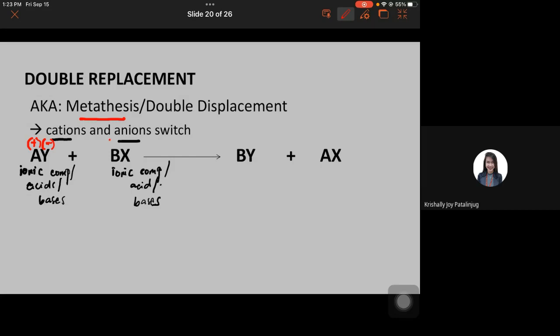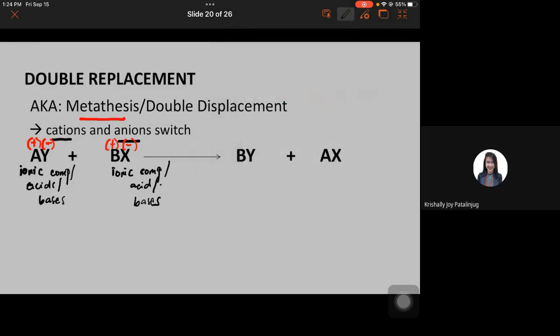Let's recall ionic compounds. It consists of a cation followed by an anion. So let's say, for example, AY, the A there is the cation, then Y is the anion. Same goes with BX. B is the cation, X is the anion.